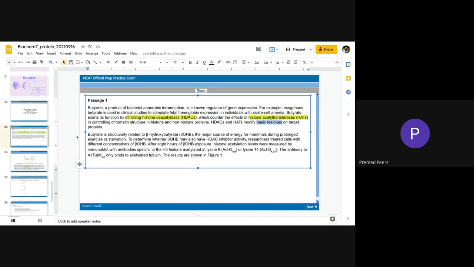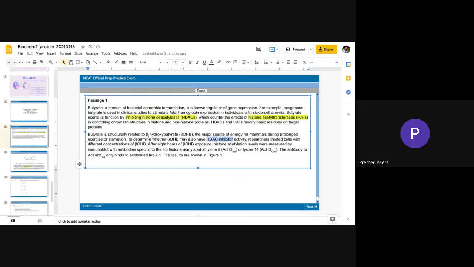And then the next thing is that butyrate is actually structurally related to da da da da, and then they used the major source for prolonged exercise and starvation. Okay, and then they say that to determine whether that beta-OHB also has this HDAC-inhibiting productivity, which is similar to the butyrate above.